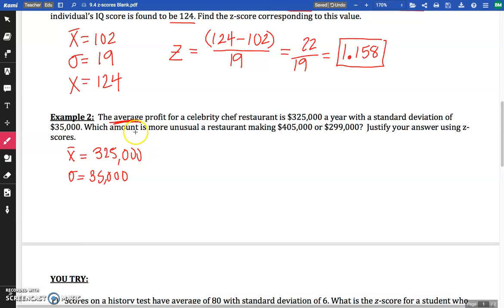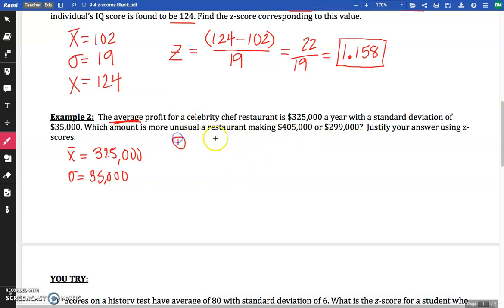Now this time we have two different restaurants. So it says which amount is more unusual, a restaurant making $405,000 or $299,000. We're going to use z-scores to justify this. Okay, so a mathematical decision, not just saying, well, seems like it could be one or the other. So we're going to find the z-scores for both options.